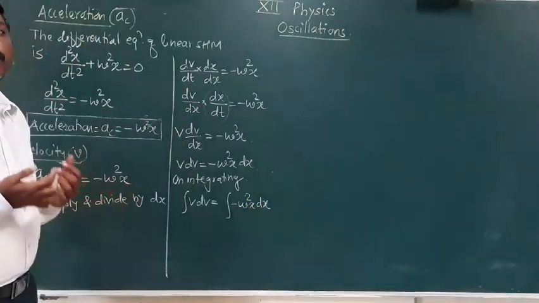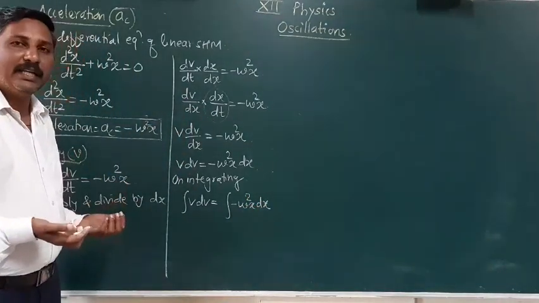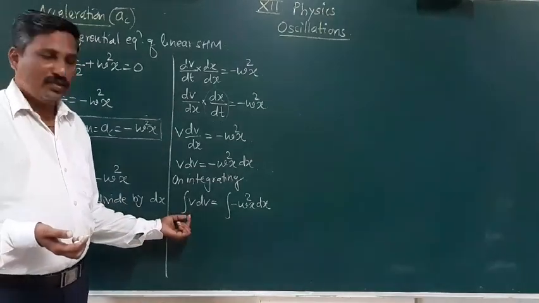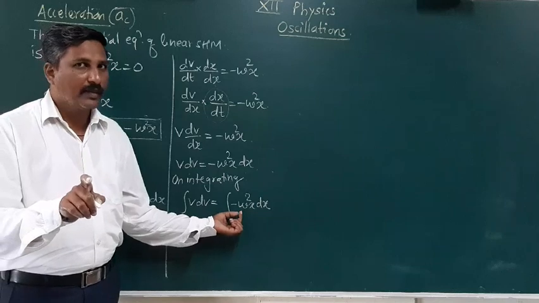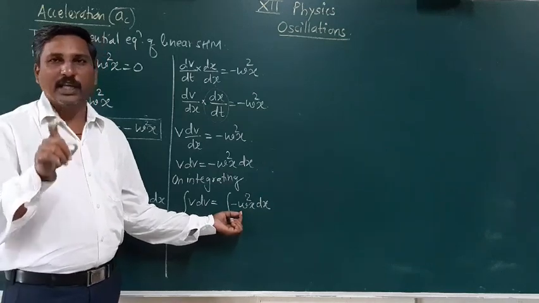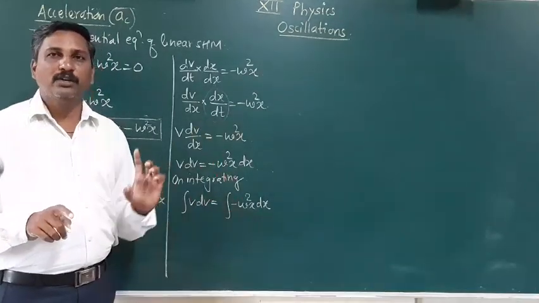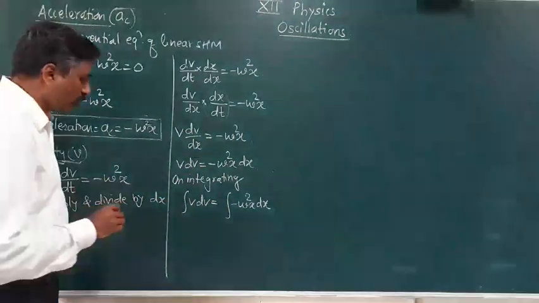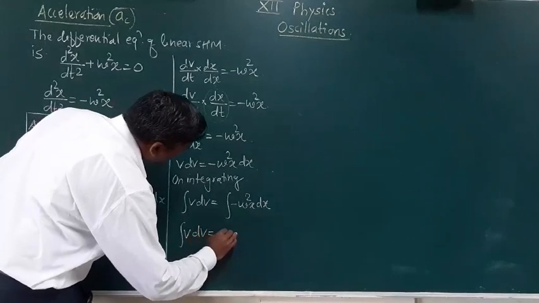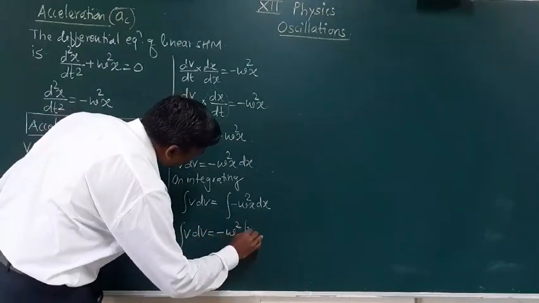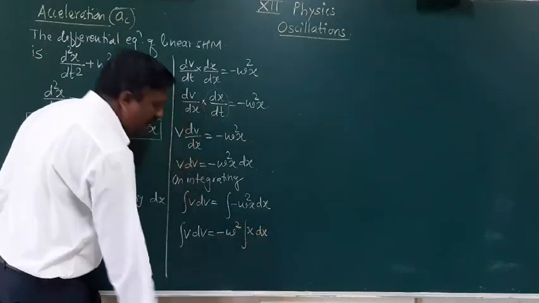The terms which are constant are kept out of the integration. Here v is not a constant, but omega square is a constant, because omega square equals k by m, where k is my spring constant and m is the mass of the block. So I am writing the same term here: v into dv equals minus omega square x into dx.